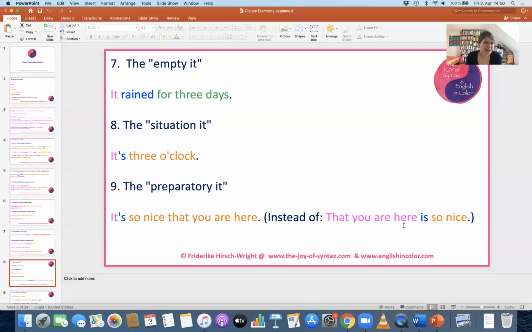But native speakers of German and also English prefer to have preparatory subjects and have the bigger information a little bit later. So you use the grammatical and preparatory subject it, and then you have it is so nice, but we actually use the semantic subject that you are here as post modifier of nice. When I explain this, it sounds very complicated, but in real life it's not so complicated, and it's very, very common.